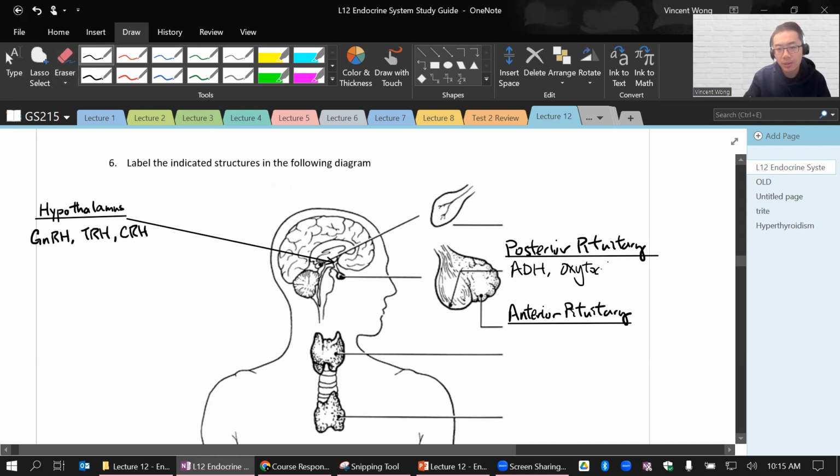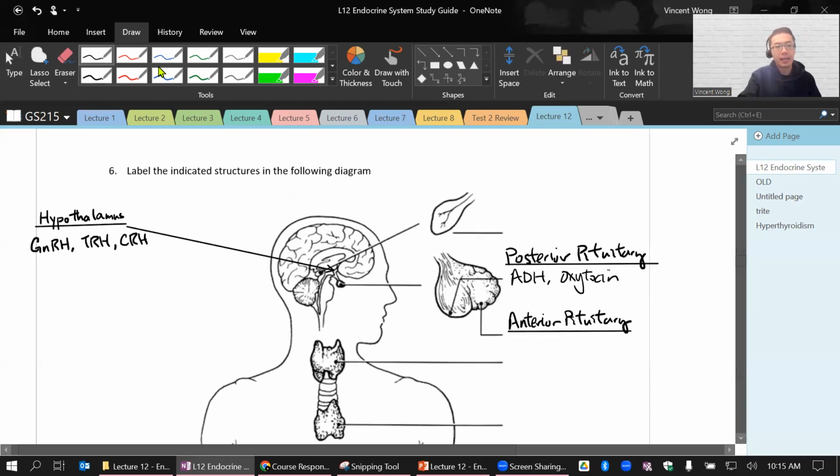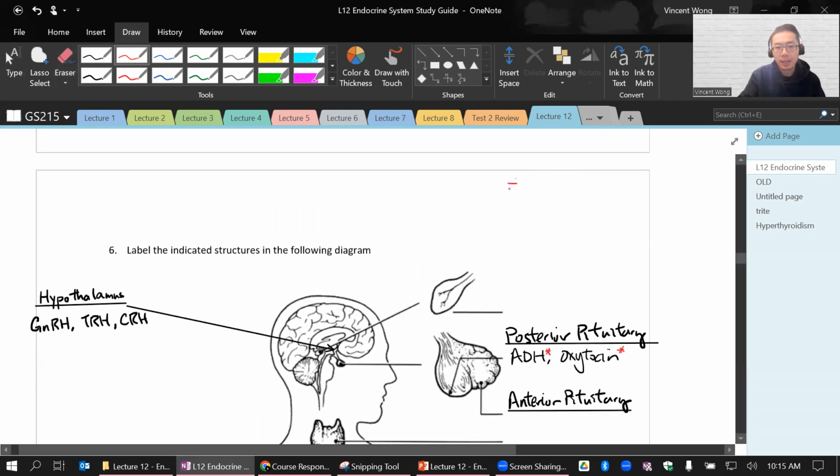And I'm going to put a star here. I hope you have colors. This thing is going to be very colorful in the end. These are produced from the hypothalamus, but then they are stored and released from the posterior pituitary.